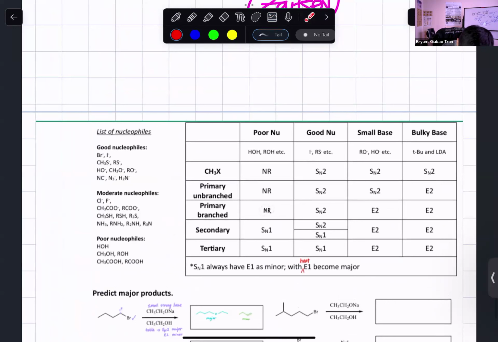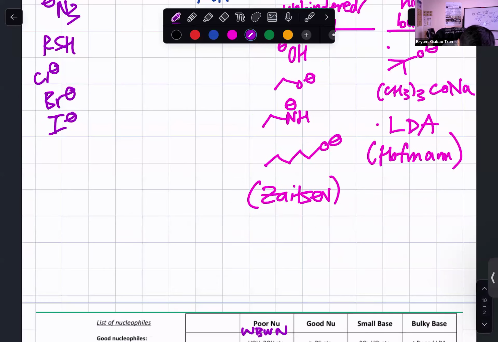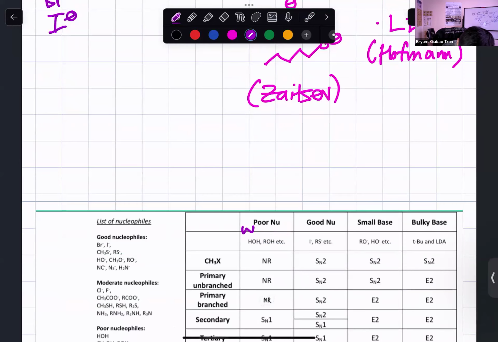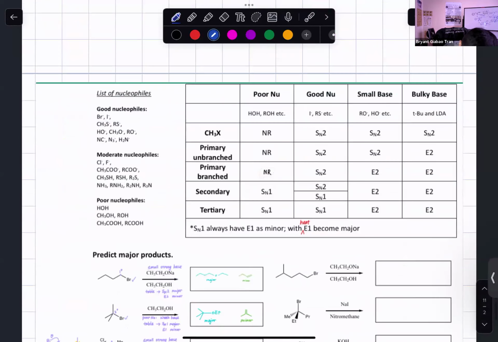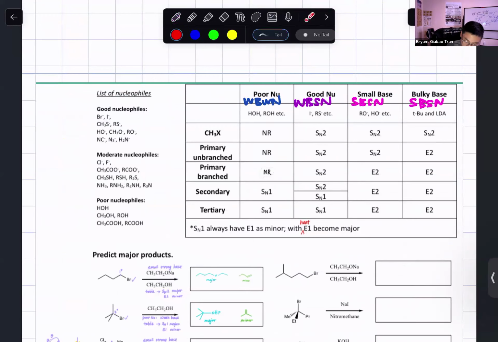Poor nucleophile, this is what I call weak base, weak nucleophile. Good nucleophile is what I call weak base, strong nucleophile. Small base is what I call strong base, strong nucleophile, but there's two types, a small one and a bulky one. Right, but they're both strong base, strong nucleophile. Okay, yeah.